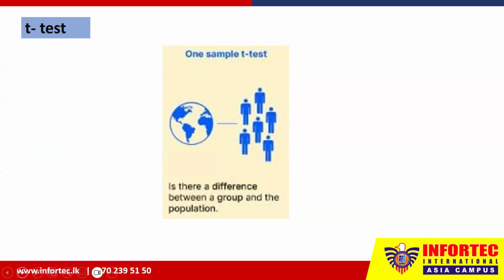Here also, I am not discussing how to do the analysis related to the one sample t-test. You should understand what the purpose is, on which occasions we can use this test, what the nature of your variables is, and how to construct the hypothesis. Those are the main things.